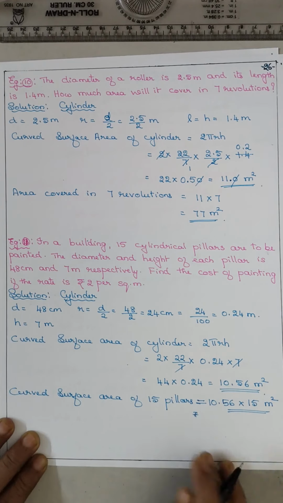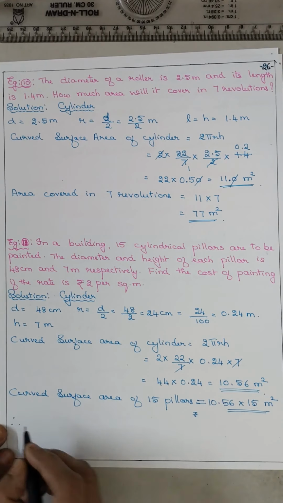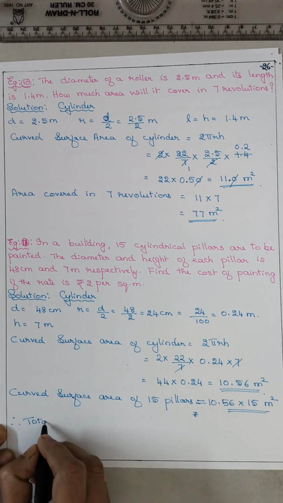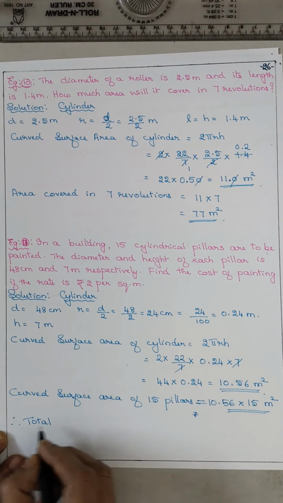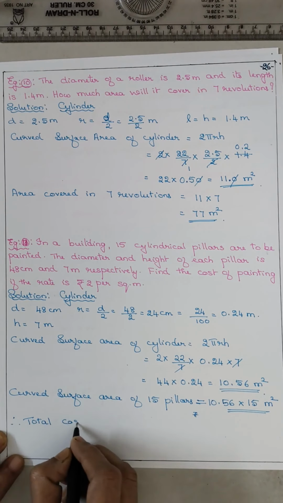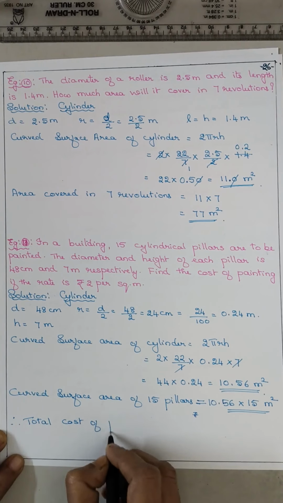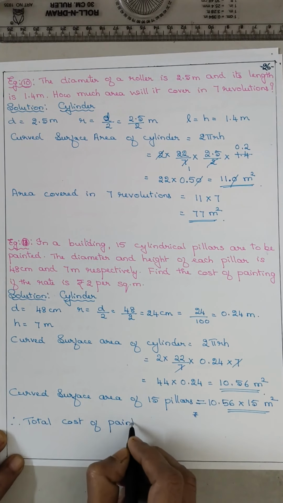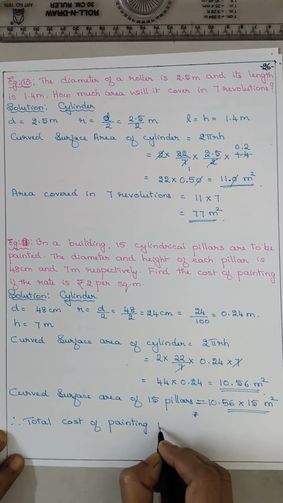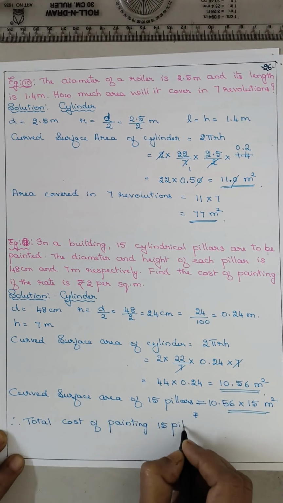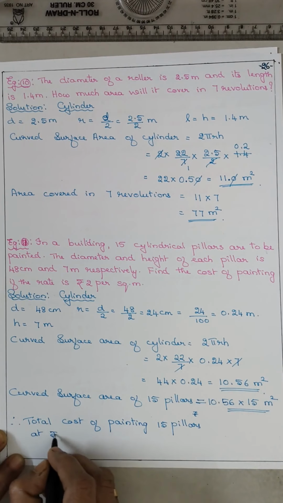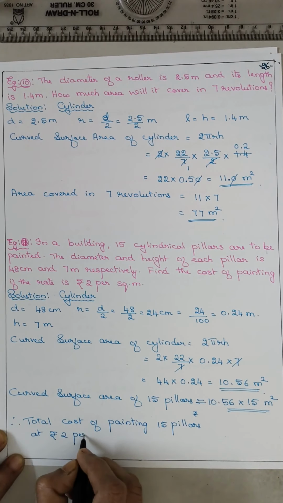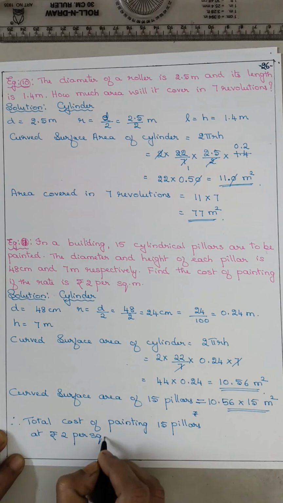Now, because it is a decimal, and it is a cost, the total cost of painting 15 pillars at rupees 2 per square meter.